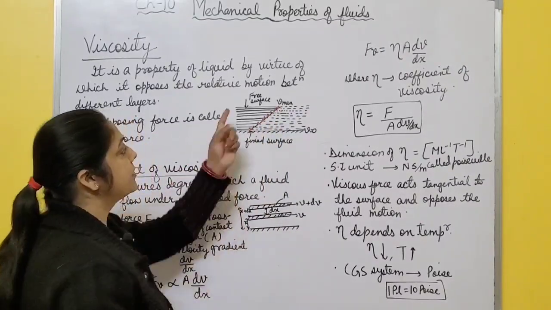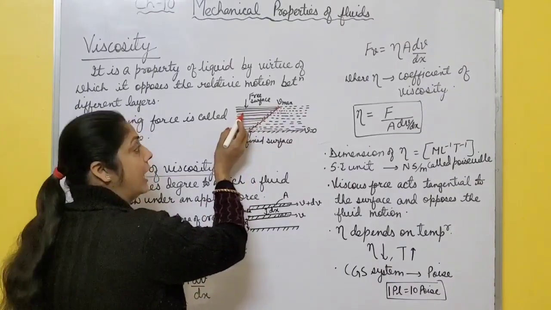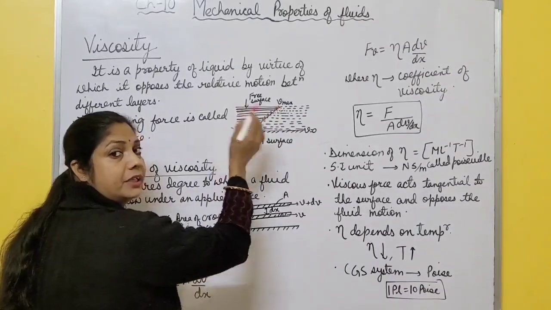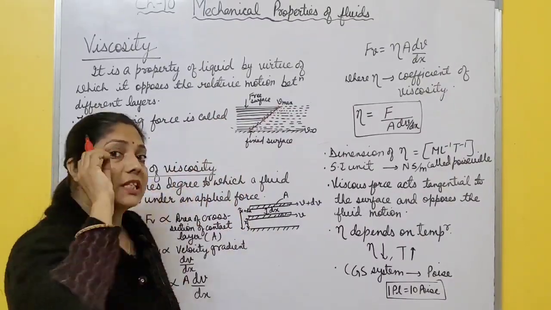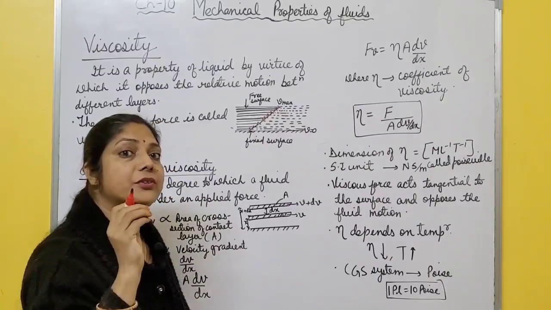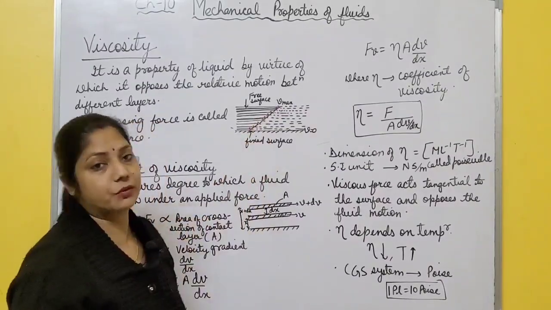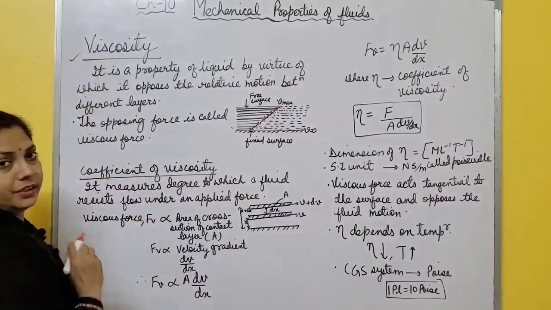So what happens? The upper layer tries to accelerate the lower layer, and the lower layer tries to retard the motion of the upper layer. So a dragging force, a backward force, comes into play which tries to destroy the relative motion between different layers, and that property of liquid is called viscosity, right?